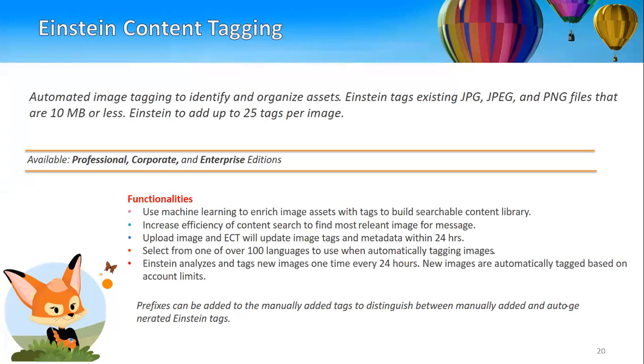As soon as you give those tags in your search, you'll get to see all the images related to those tags. And prefixes can be added to manually added tags to distinguish between manually added and auto-generated Einstein tags.